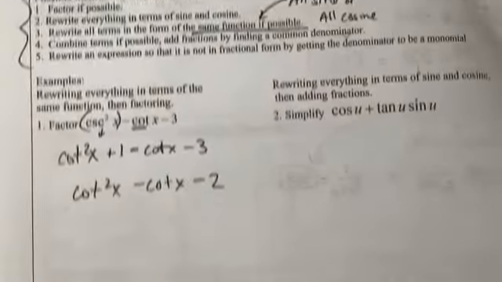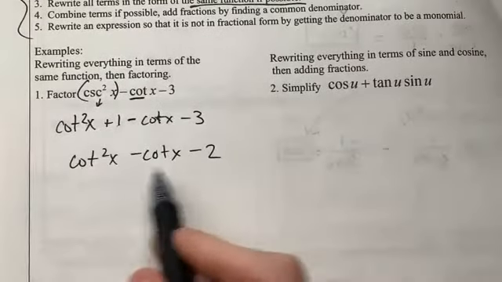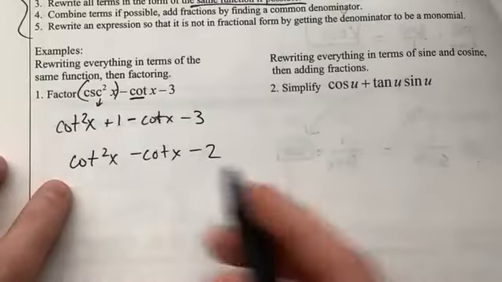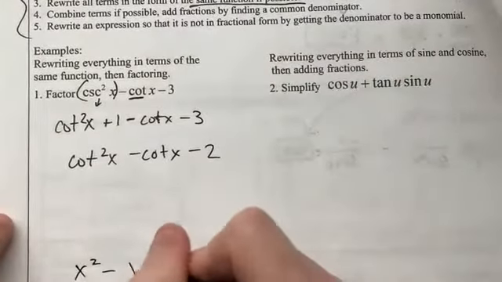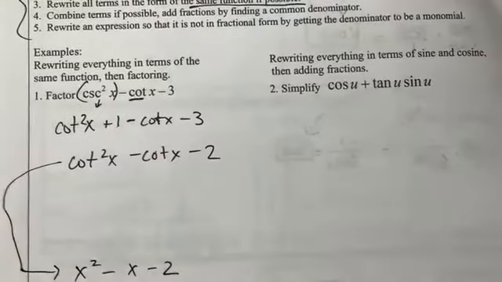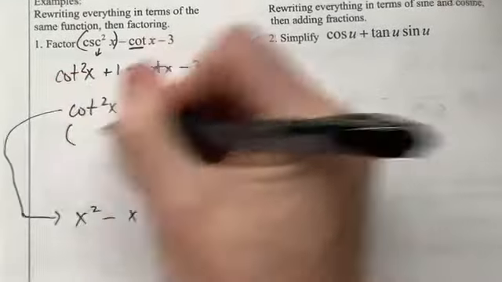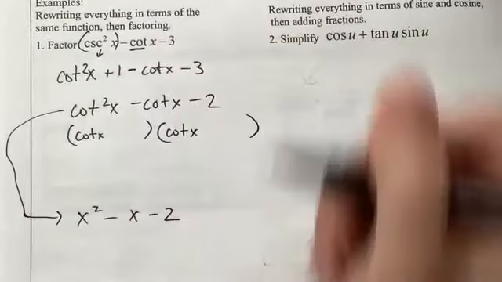And then from there, you could try to factor this. Think of this as basically x squared minus x minus 2. If you see this, try to think of it like that. If you know how to factor this, you could factor this the same way. It's just that instead of x and x, it's going to have cotangent of x and cotangent of x.